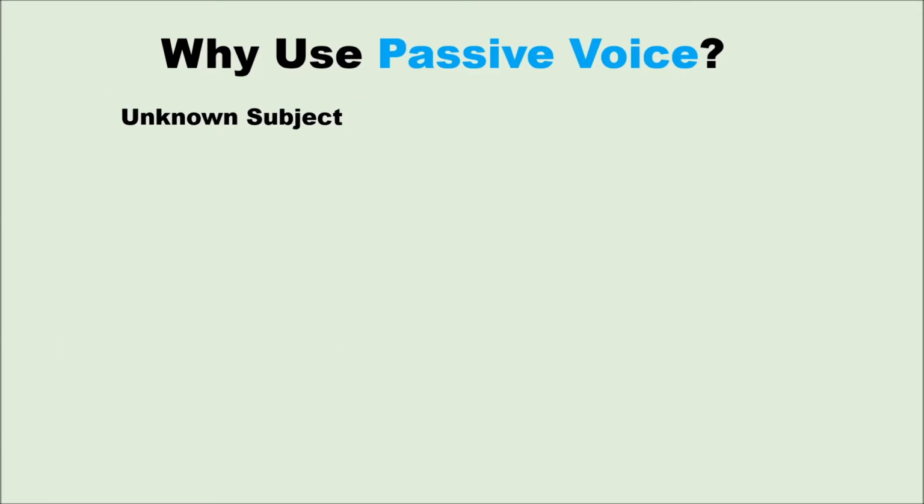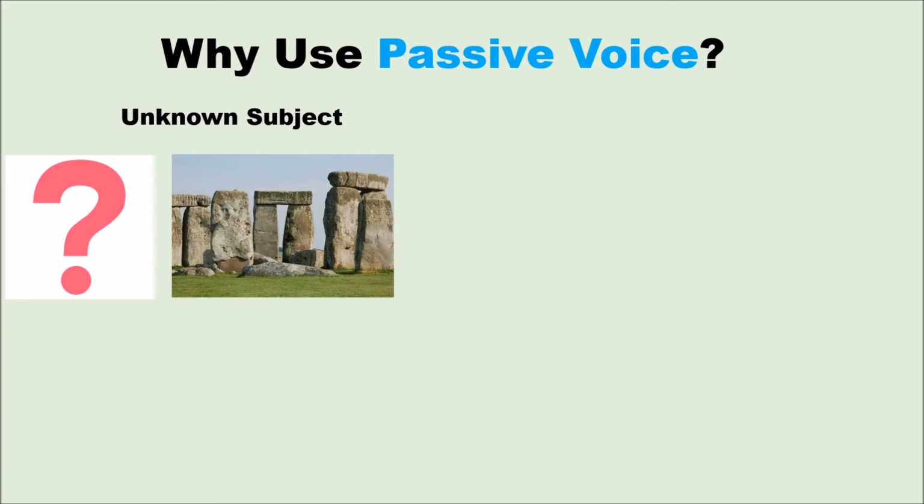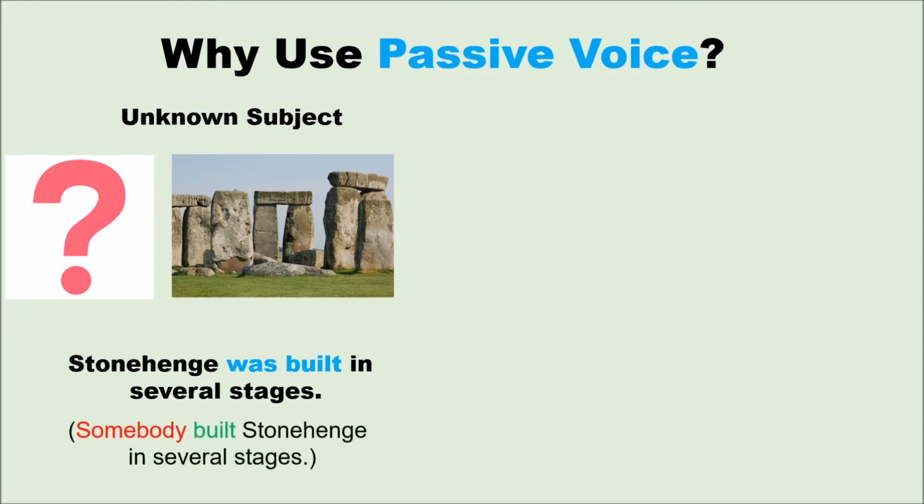Maybe you don't know the subject. Let's look at the example of Stonehenge. We don't know who built it. Let's make a passive voice sentence about Stonehenge. Stonehenge was built in several stages. And the active voice: somebody built Stonehenge in several stages.